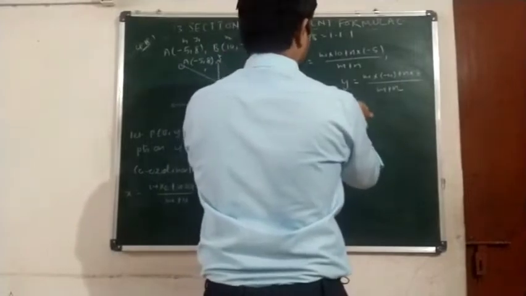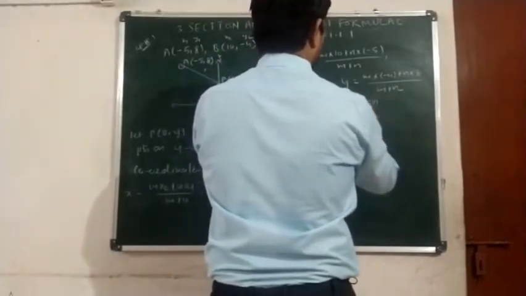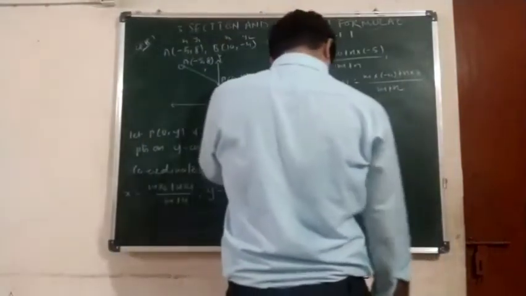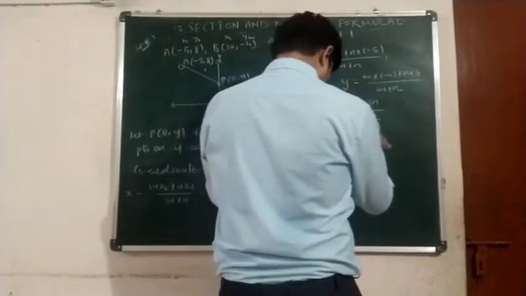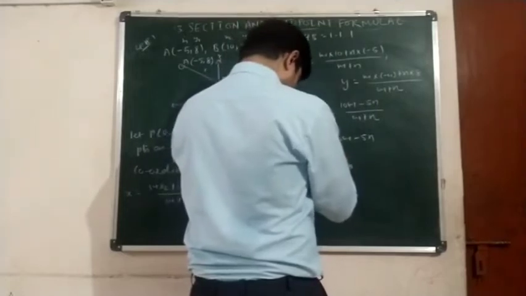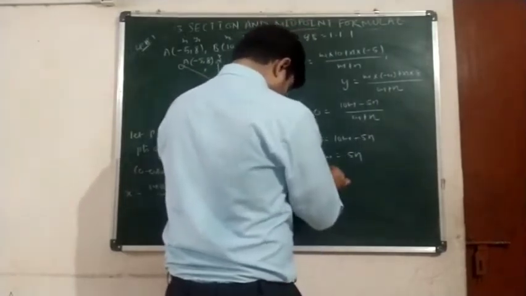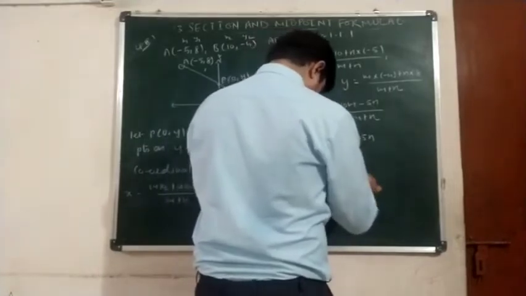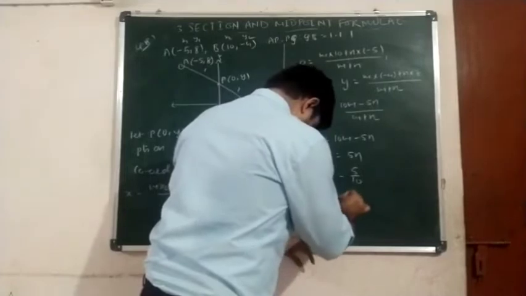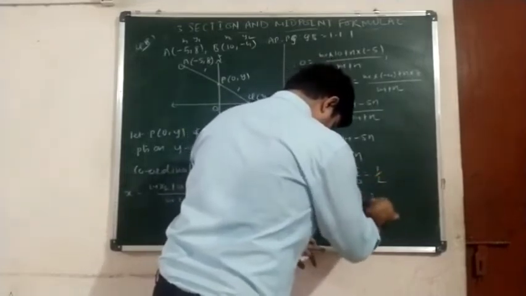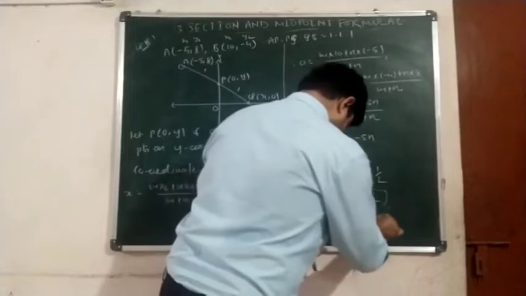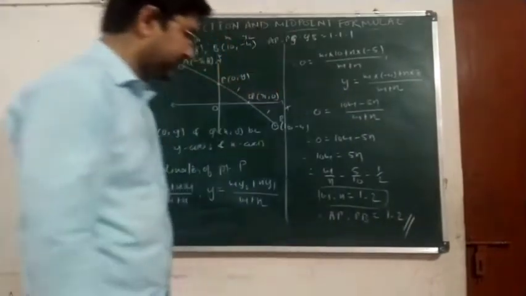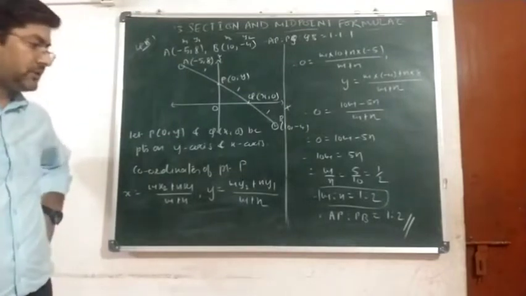Therefore 0 is equal to (10m minus 5n) upon (m plus n). Clear? So AP is to PB is 1 is to 2.